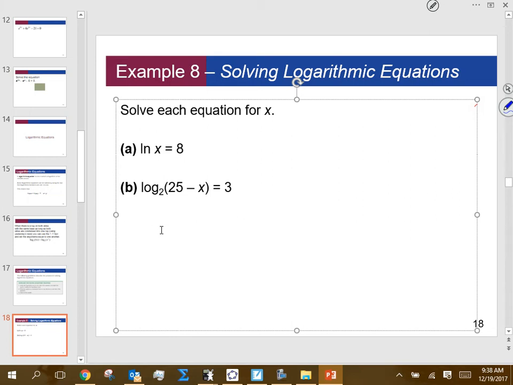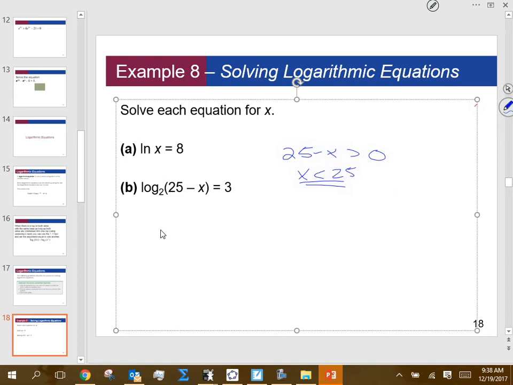I think we can do the same thing here with logarithms. You can either just blindly go through the process, get an answer, and see if, when I plug it back in, I am taking a logarithm of a positive number. Or, you can say, I know that 25 minus x has to be a positive number. So when I solve this, I know that x has to be less than 25.